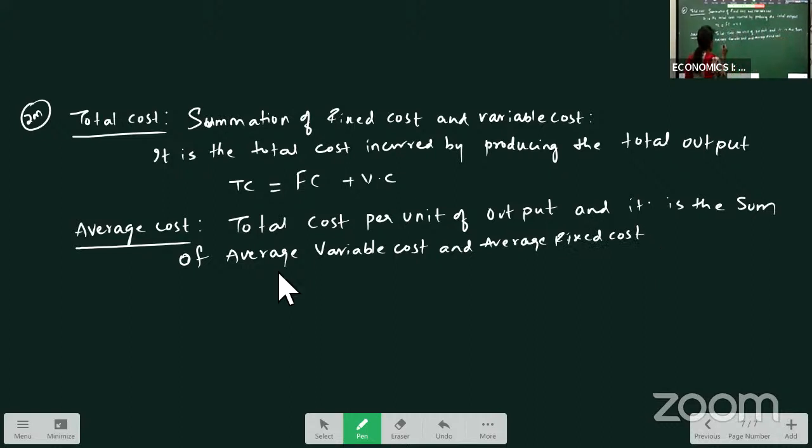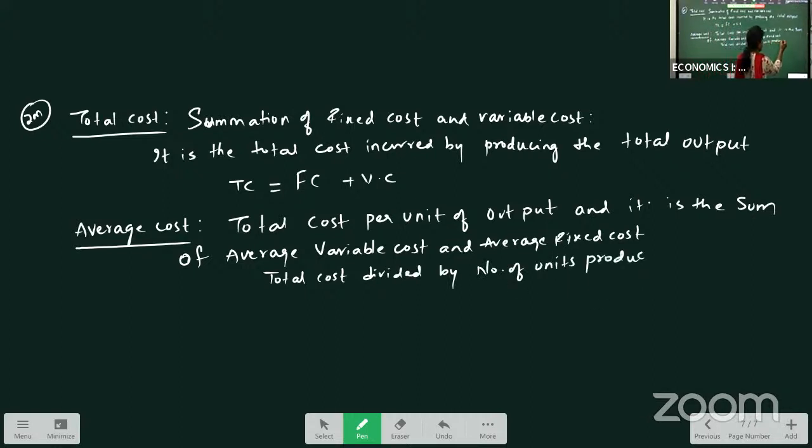Or we can say it is total cost divided by number of units produced. Average means what? Per unit, we will take what is the cost per 1 unit. So here you can write average cost is equal to average fixed cost plus average variable cost. Right? This is one formula we can write.